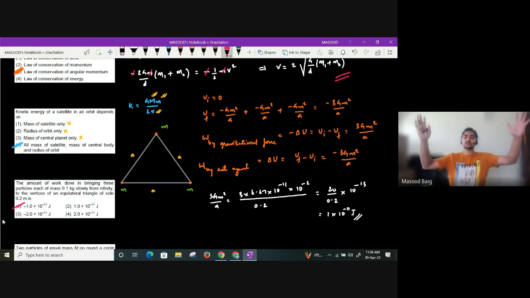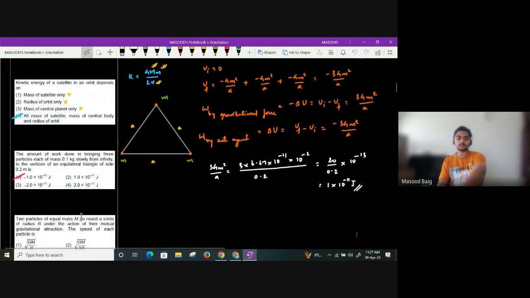If the particles are moving under the effect of gravity to form an equilateral triangle, then work done by gravitational force will be 3Gm square by A. But if there is work done by an external agent bringing these particles, it will be taken as delta U, which is minus 3Gm square divided by A. So the answer should be minus 1 into 10 power minus 11 joules, guys. Clear, all of you? I hope it is clear.